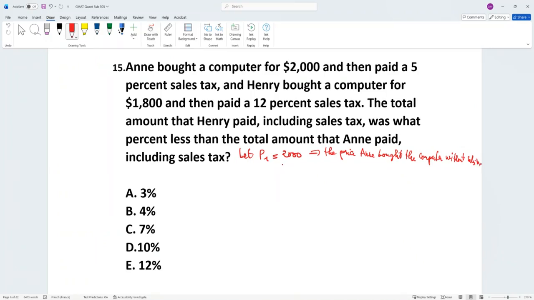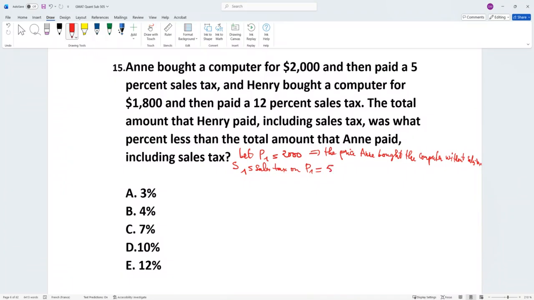Then we are going to have S1, which is going to be the sales tax on P1, on the 2,000. It says that she paid 5% sales tax on the price.